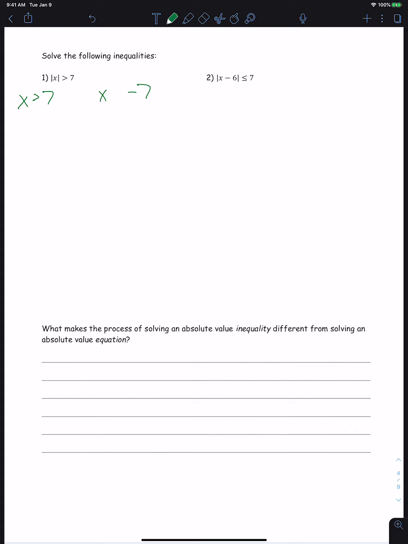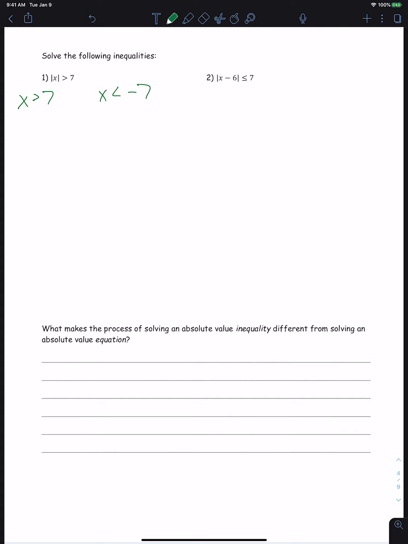But think about when we are solving absolute value or any inequality. When I divide or multiply by a negative number, what do we have to do with the inequality sign? We have to flip it. So this second inequality is going to be x is less than negative 7. All the same rules apply.